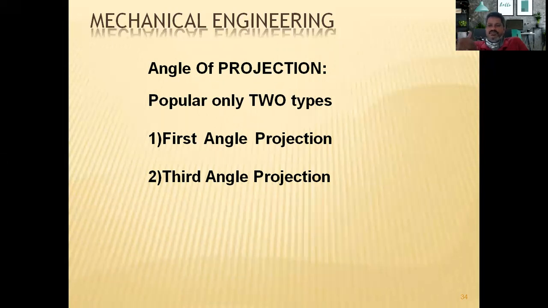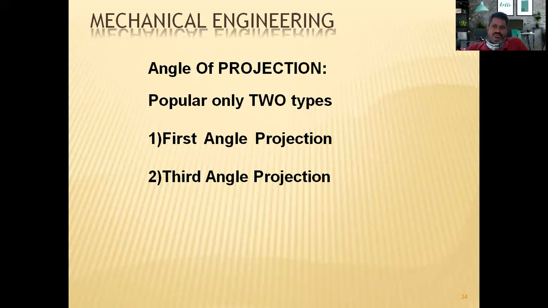Then in third angle projection, the top view will be drawn at the top, the left side view at the left, and the right side view at the right. These are the two angles of projection used to represent the views.